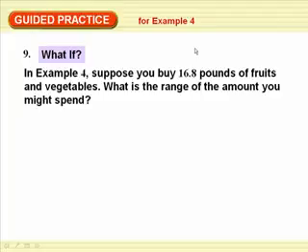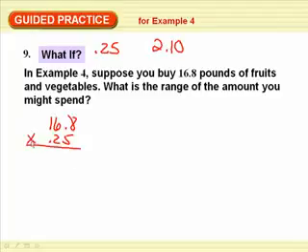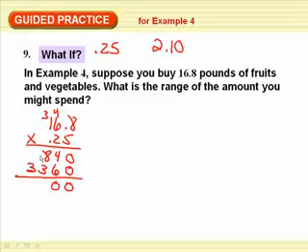What if you were to buy 16.8 pounds of fruits and vegetables? What's the range of the amount you might spend? So again, the prices range from 25 cents per pound to $2.10 per pound. Those are our 2 numbers, so we have to multiply 16.8 times 25 cents. 0, carry the 4, 34, carry the 3, that's going to be an 8. Placeholder, 16, carry the 1, 13, carry the 1, 3, 9, 12, carry the 1.